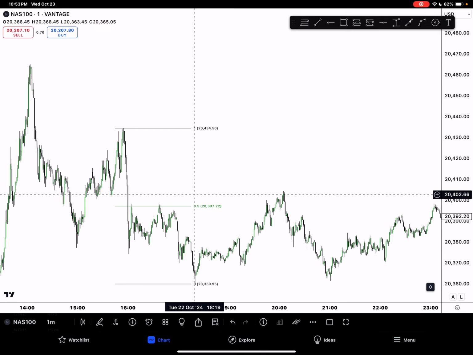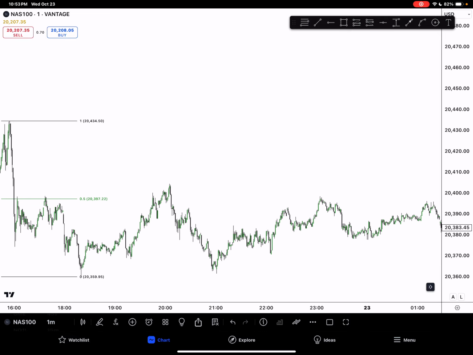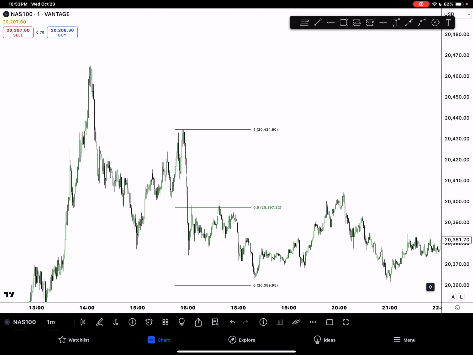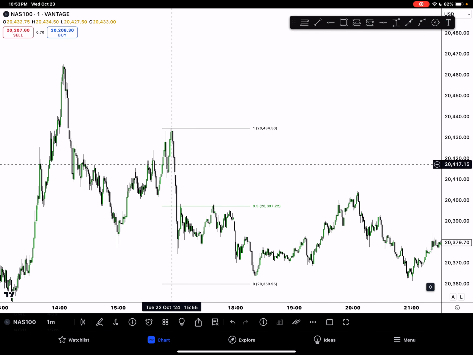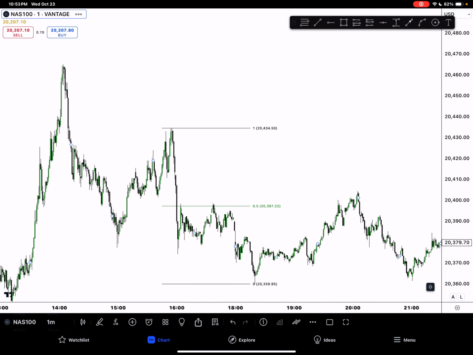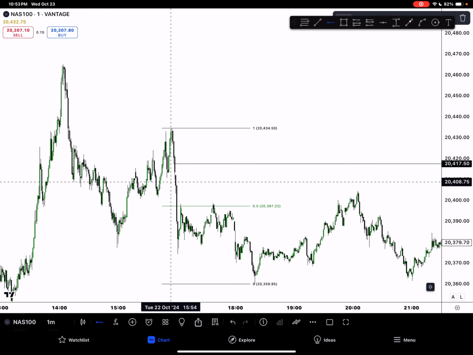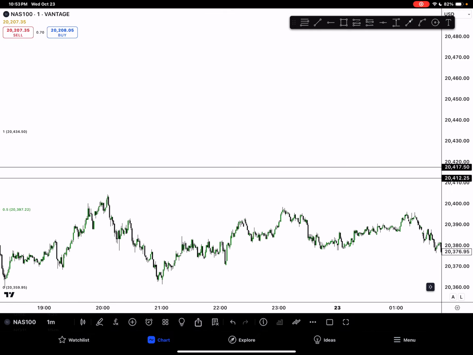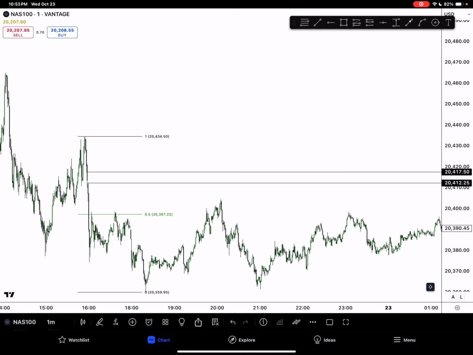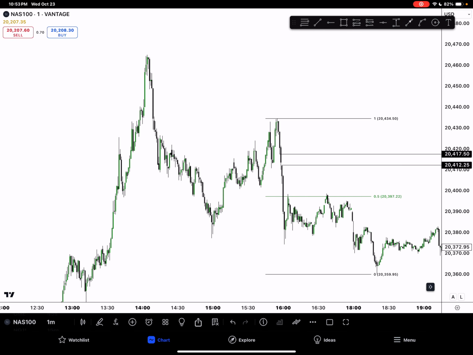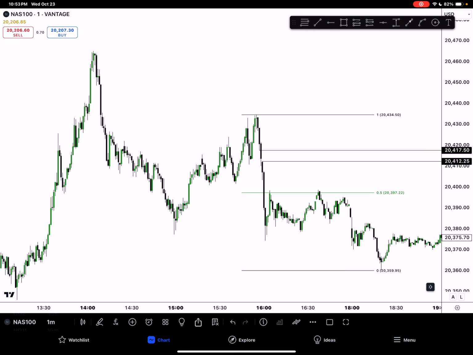Price ultimately came up, tapped it, went a little bit higher, mitigated something, which I didn't care to look for at the time. Probably some sort of inefficient pricing in this area. Actually, now I'm curious. Did it actually do that? Okay. Yeah, it didn't tap that inefficient pricing, which means it probably wasn't inefficient pricing.